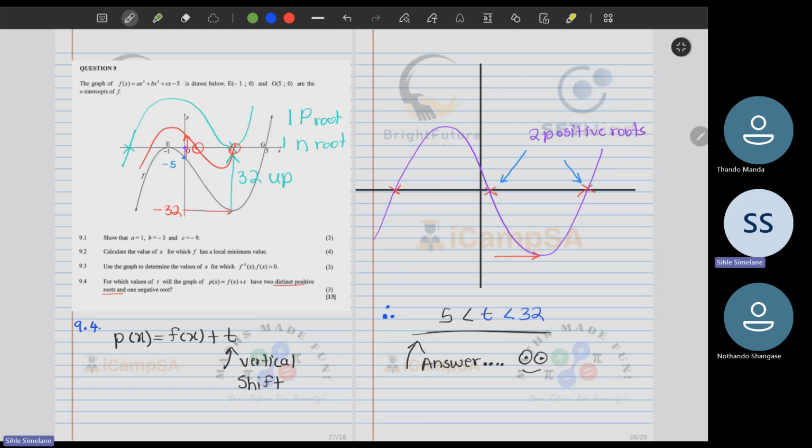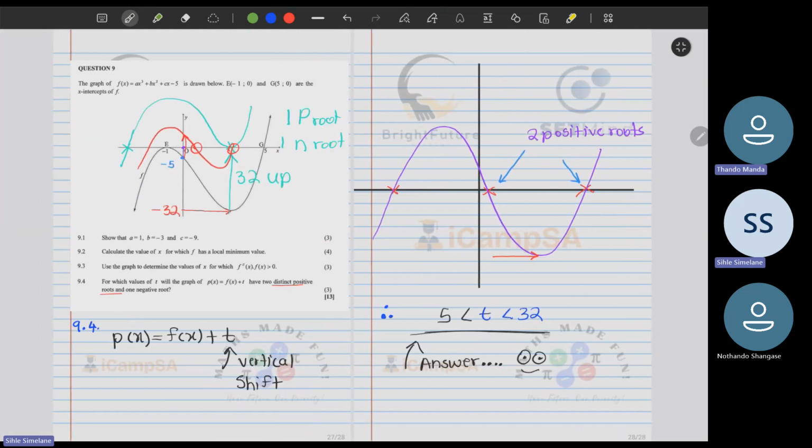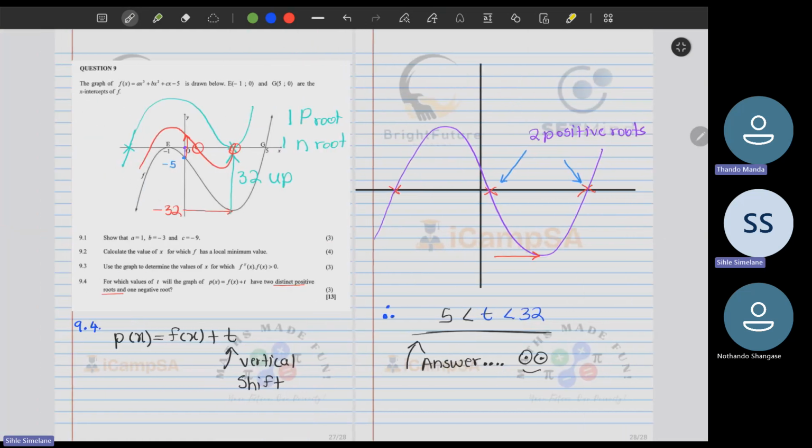So it's the thinking behind that you need to make sure that you employ, and you'll realize that these things are not very difficult.